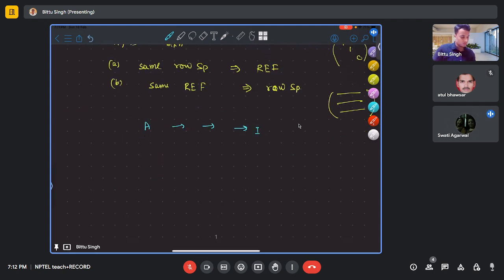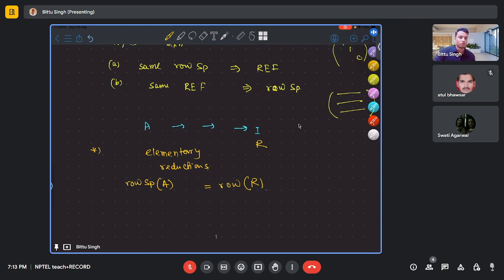If you use those elementary reductions, then if you are using row operations, the row space of A is the same as the row space of the row echelon form, suppose R. Why?